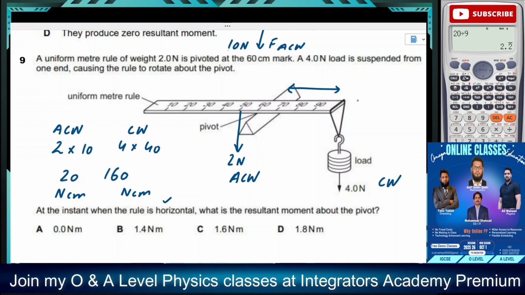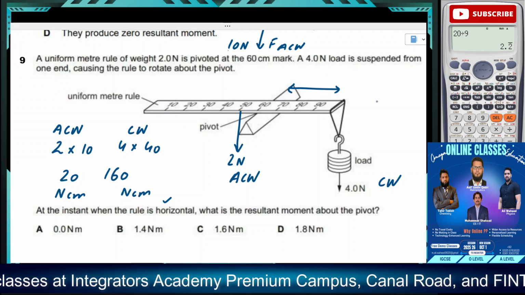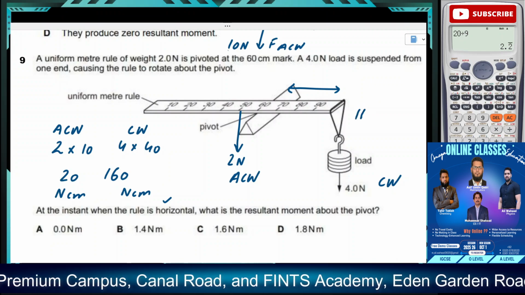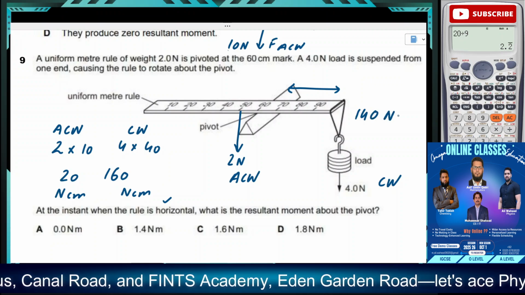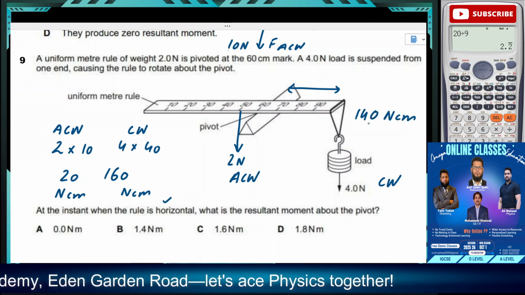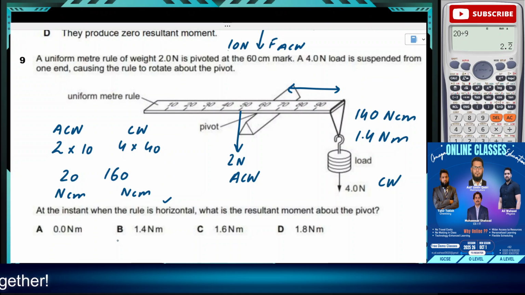So what is the resultant? The resultant of these two would be 160 minus 20, which is 140 Newton centimeter. But since all the options are given in Newton meters, I can divide this one by 100. So I'll be having 1.4 Newton meter, which is B as the right answer.